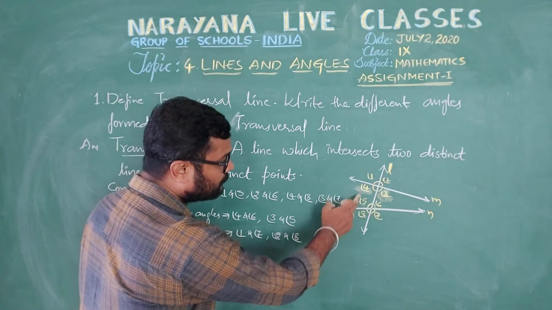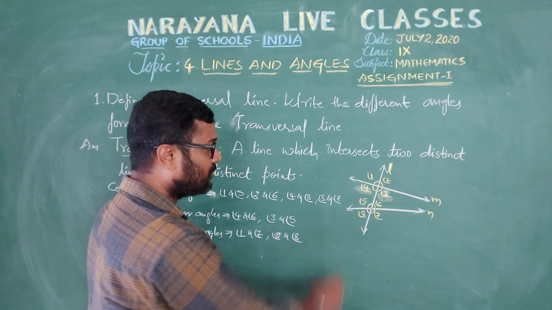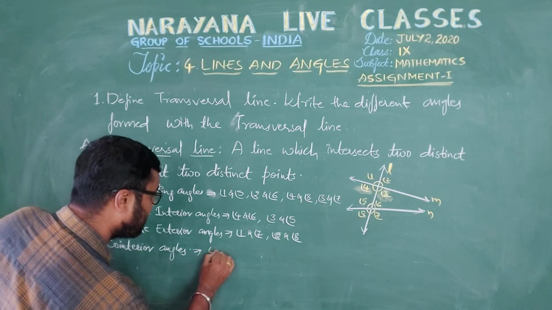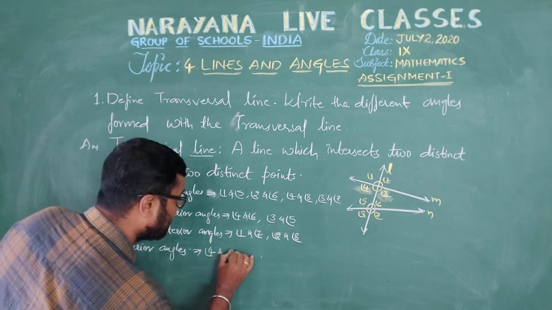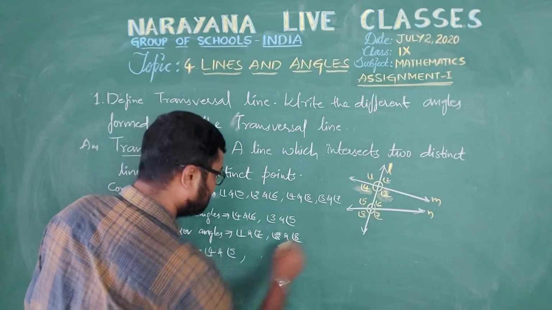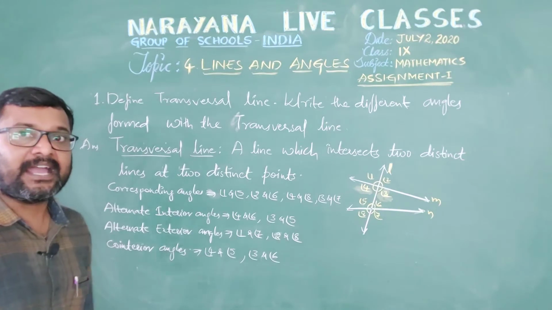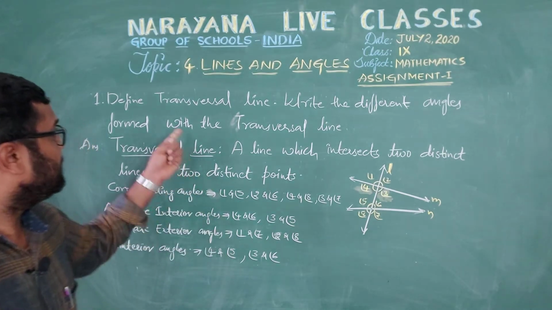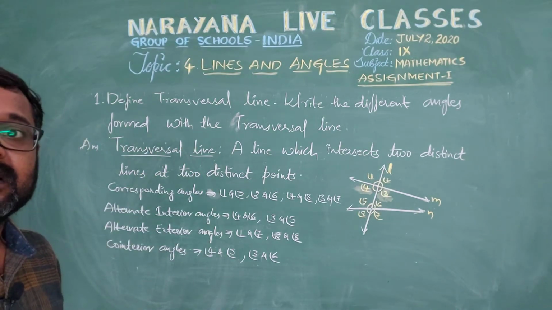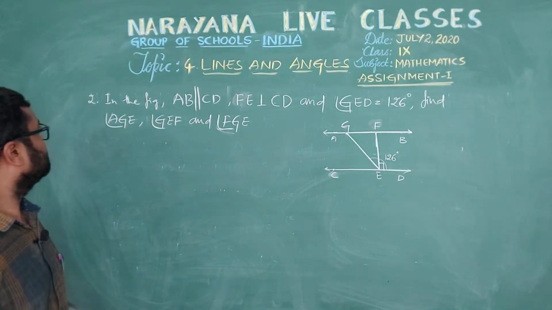But angle 4 and angle 5 are on the same side of the transversal line. So angle 4 and angle 5 are co-interior angles. In the same way, angle 3 and angle 6 are co-interior angles. Like this, different angles are formed with the transversal line. Now we will see the next question.